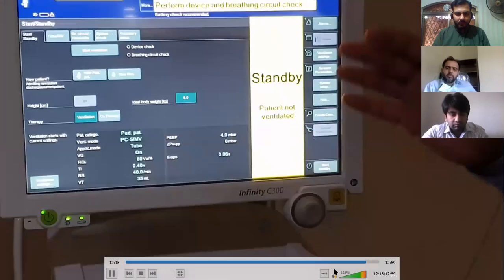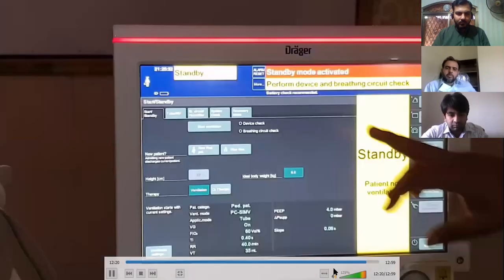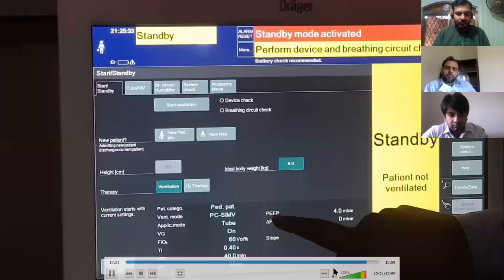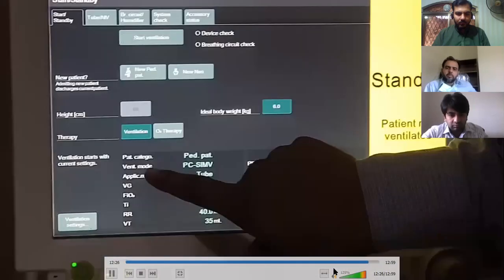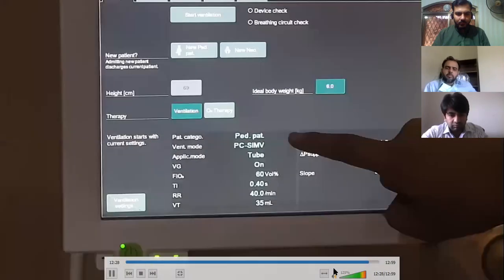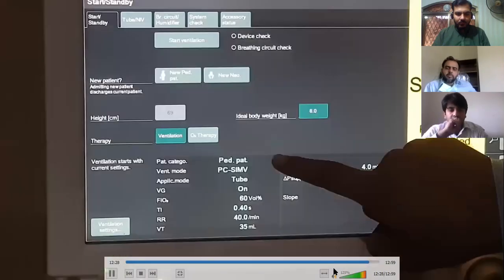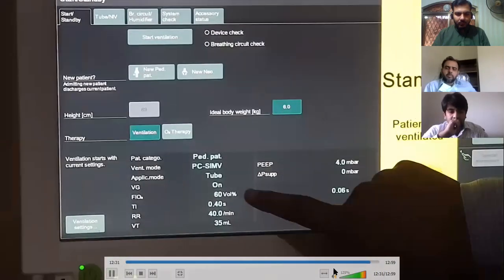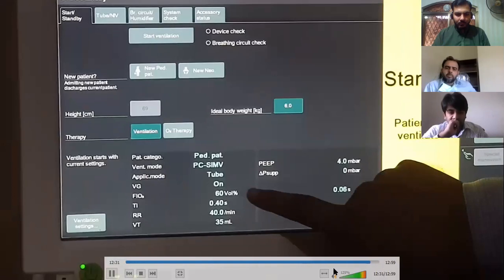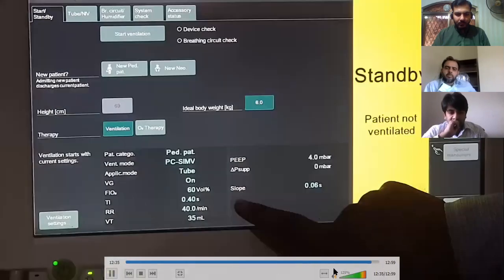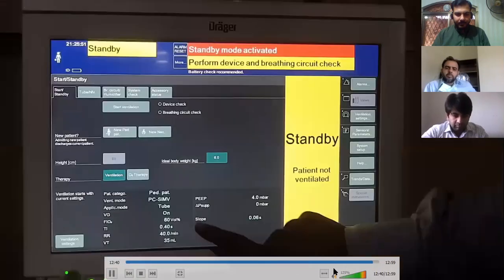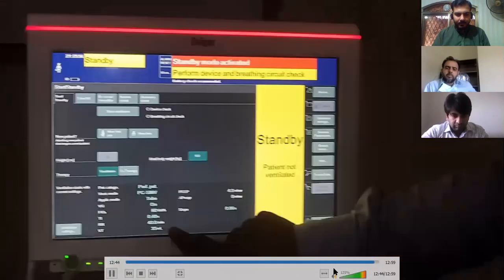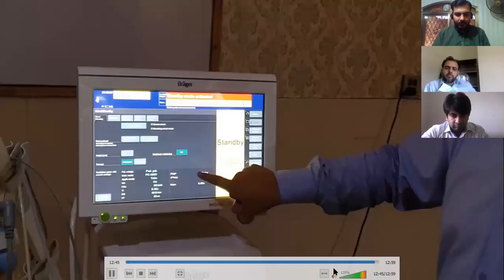Adjusting this ventilator setting, you can see the setting that we have adjusted for our baby is written here. We are going to ventilate a child on a pressure control SIMV mode, and the FiO2 is going to be 60%, and the respiratory rate of the child is 40 with an inspiratory time of 0.4 seconds, and the tidal volume delivered to the baby will be 35 ml, and PEEP will be 4.